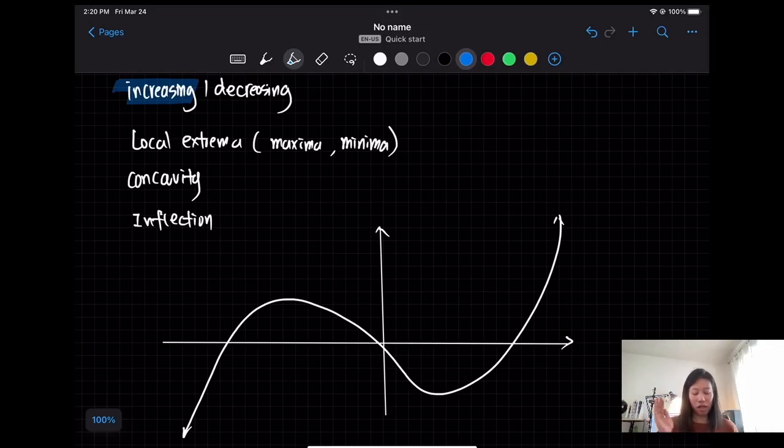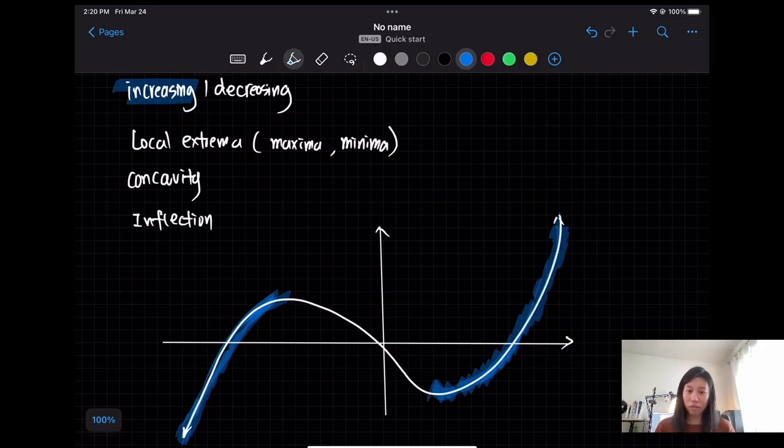That means if you look at the graph from left to right, the graph is going up. So this part is increasing. What other part is increasing? This part also. So here are the increasing parts of the graph.